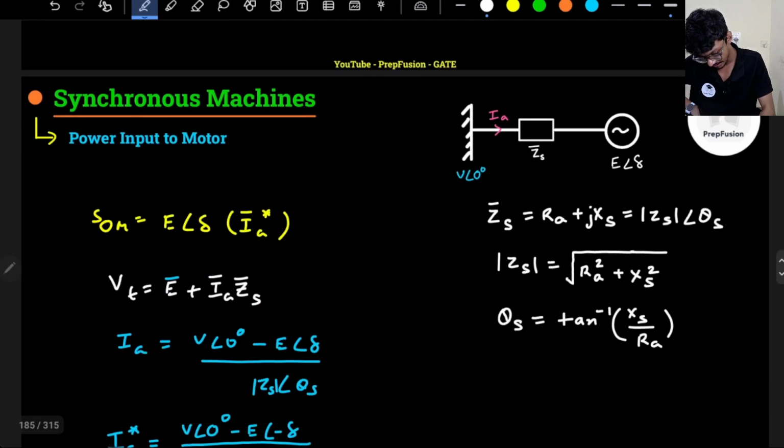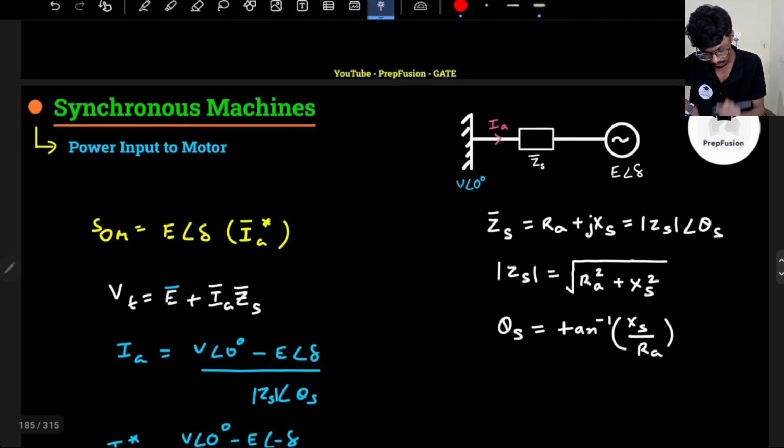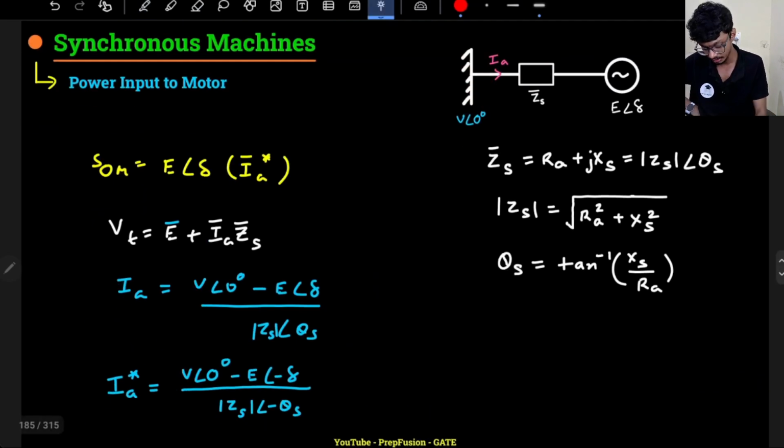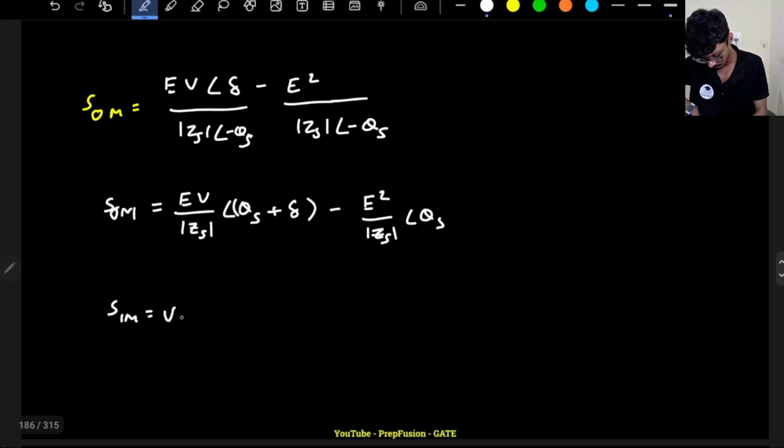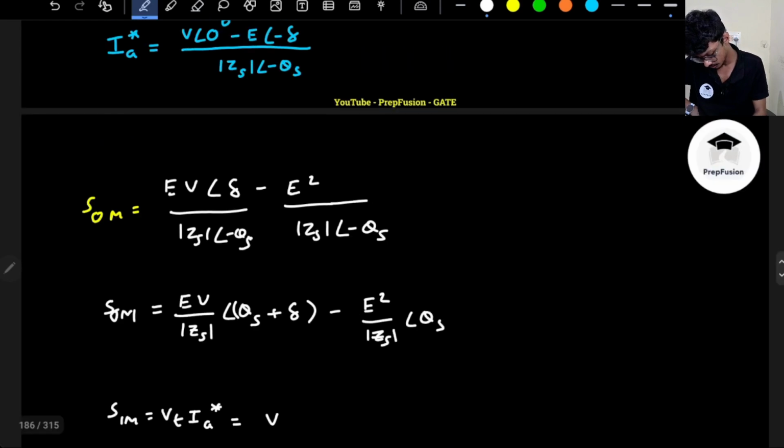So what is S_IM? S_IM will be V_T times I_A conjugate. V_T is V∠0, and I_A conjugate is this value only.